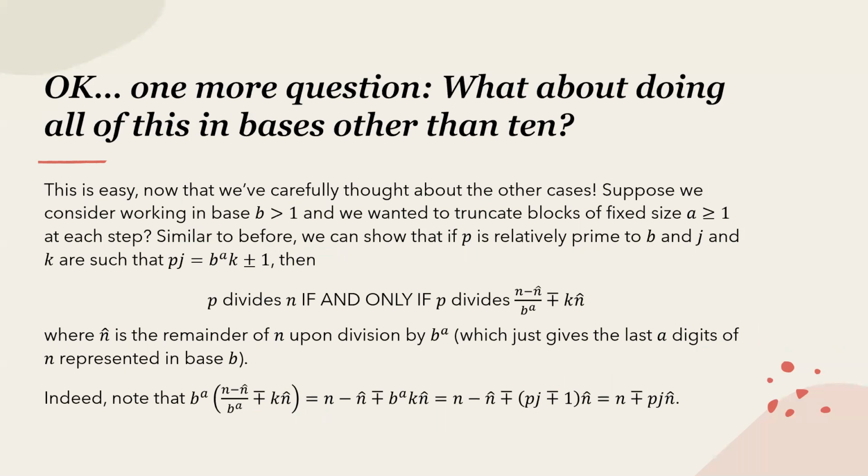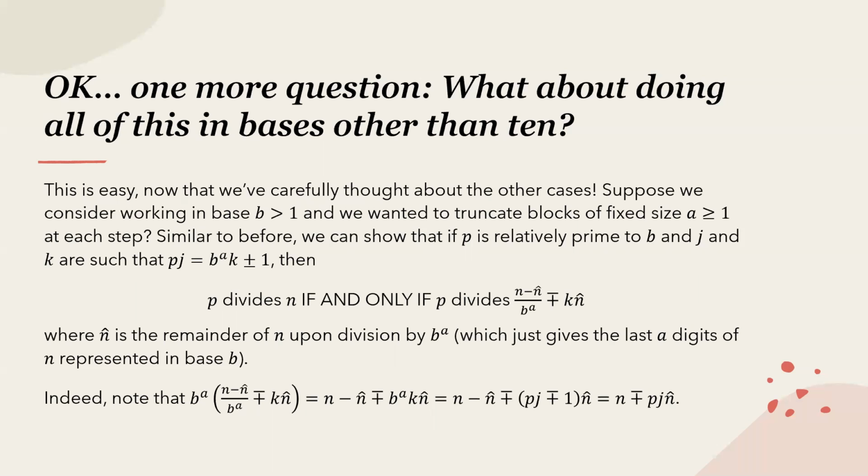And it turns out that nothing really changes. You just need the number you're testing for divisibility by to be relatively prime to the base. So if you're working in binary, it needs to be odd. Does that make sense? The same exact argument goes through in this case, and you get a whole other class of tests that are pretty interesting.